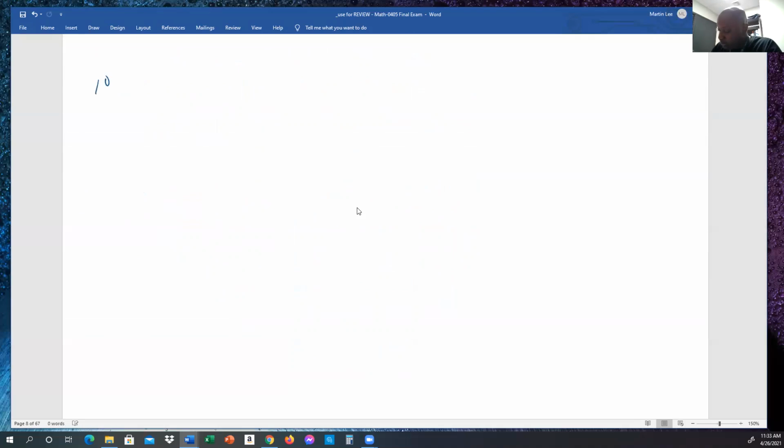Number 10. Find the length of the missing side of the right triangle. Write your answer as a whole number or a square root. Okay. Right triangle. One leg is X, the other leg is 13 inches, and the longest side is 15 inches.